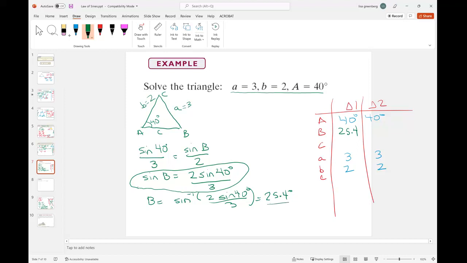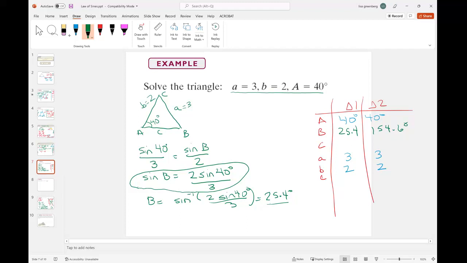And this has to fall in between. But I have another side of that circle where the sine is equal to this positive value. So I just have to use this as my reference angle and subtract it from 180. So what is that? 154.6. I hope that's right.